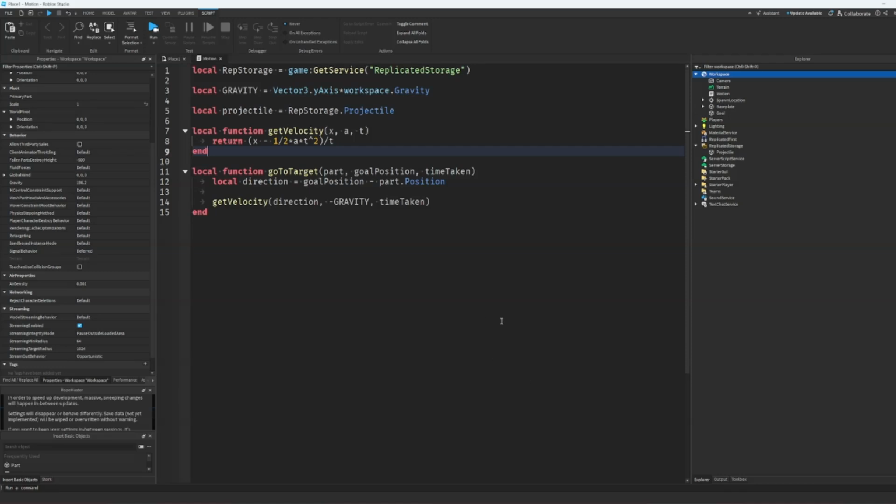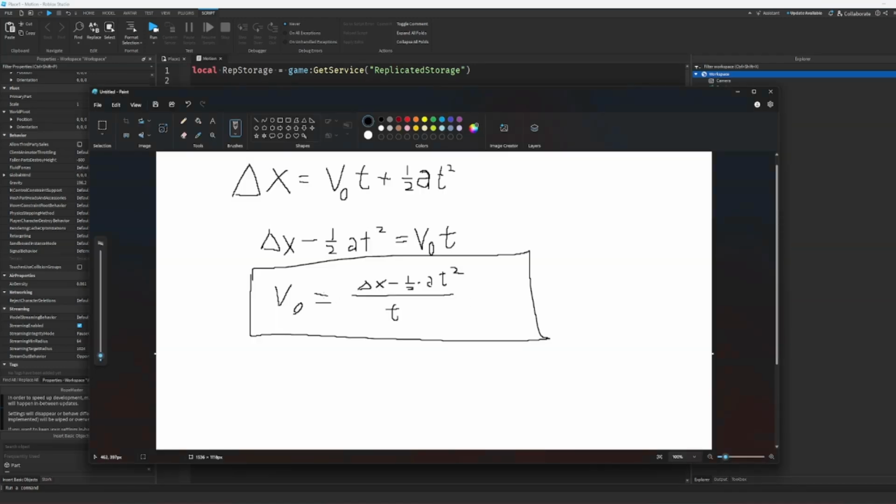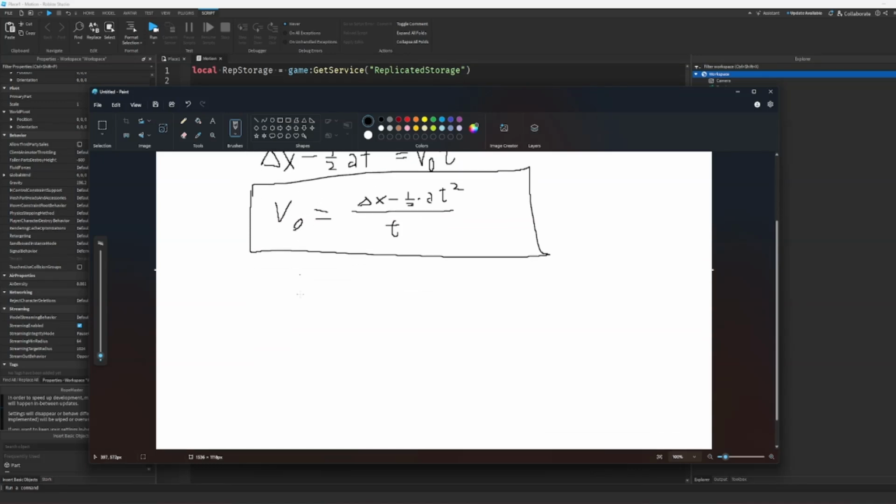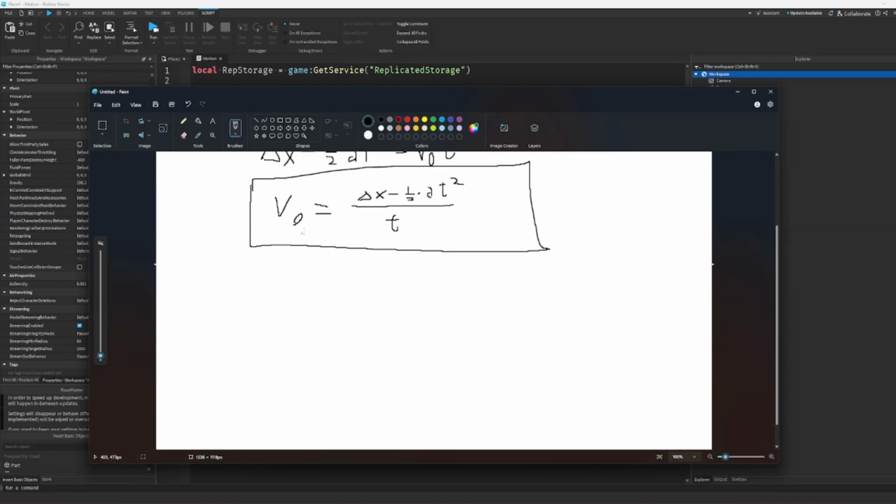If you want to know more on why we can let these be a Vector3 and not a number, you could say that if we want to solve for one component specifically, let's say x, it's the exact same thing, except the direction is the x direction and the acceleration is the acceleration of x.